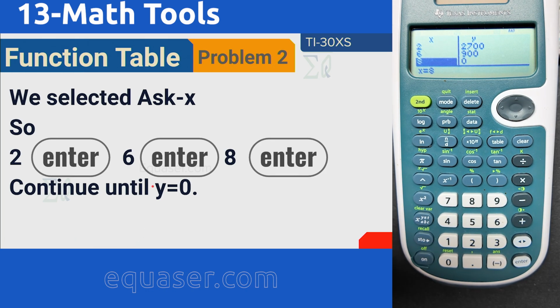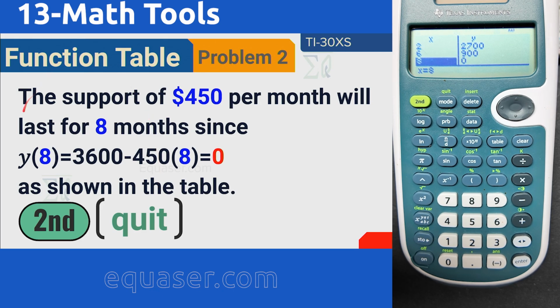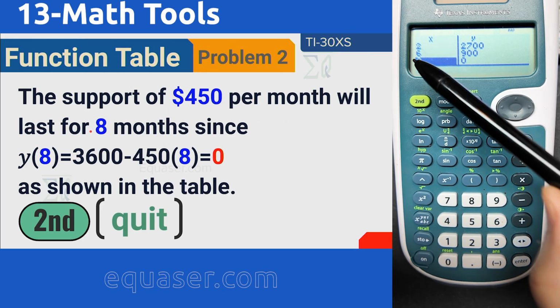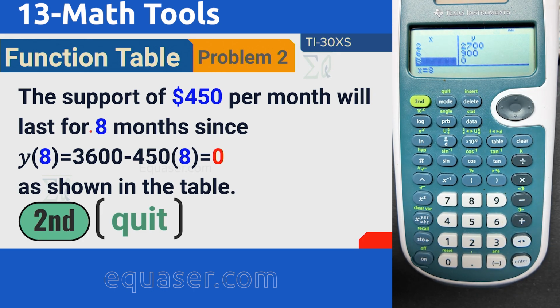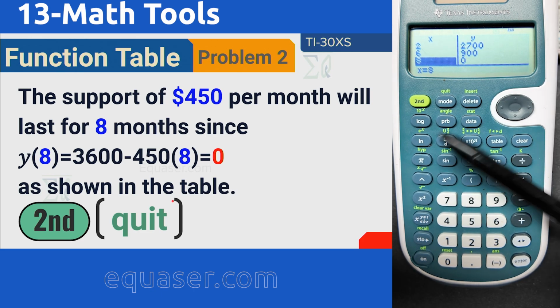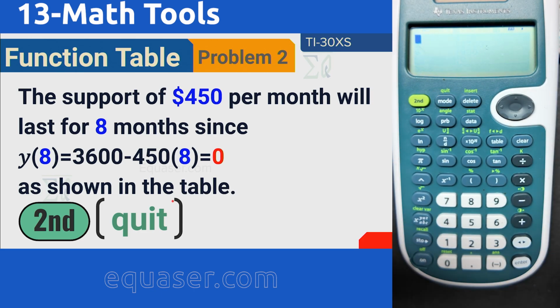So we continue until 0, and the support of 450 per month will last for 8 months. At 8 months, it will be 0. Since y at 8 is equal to 3,600 minus 450 times 8 is equal 0, as shown in the table. To quit, press second function, quit from the table.